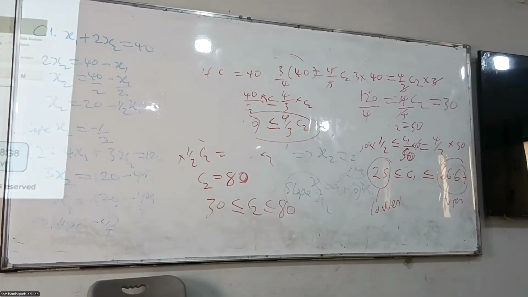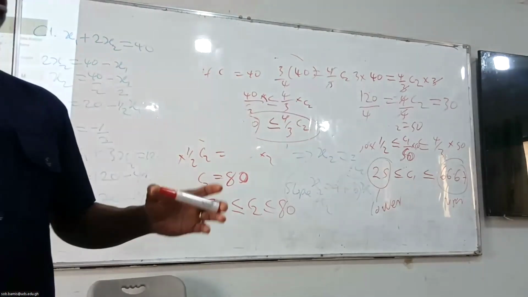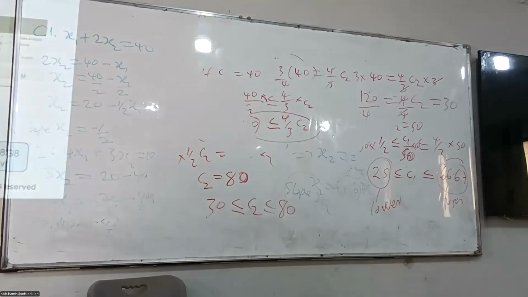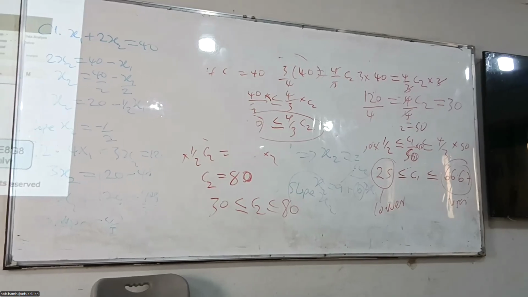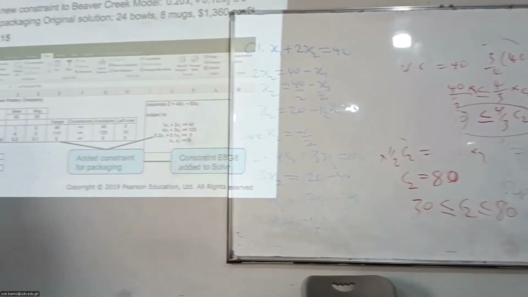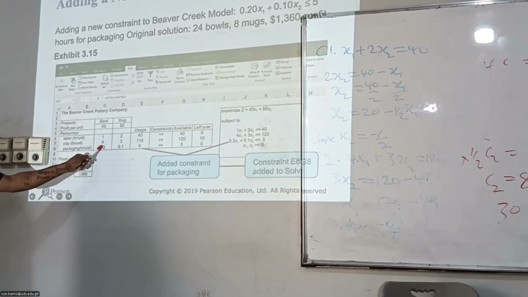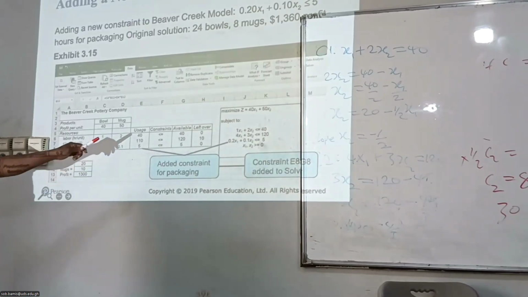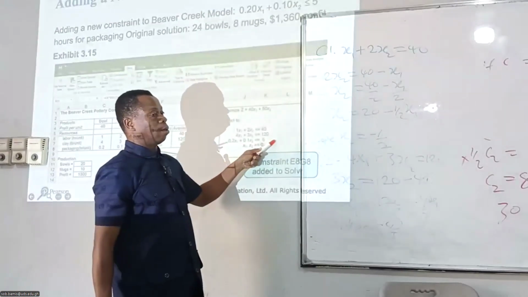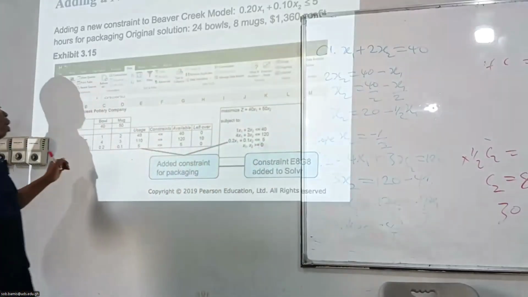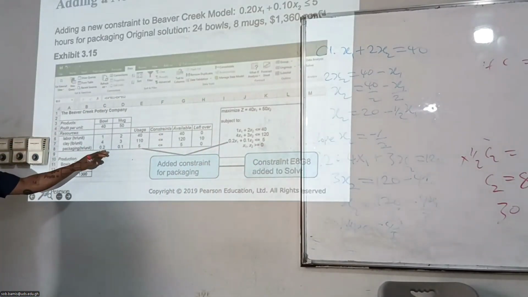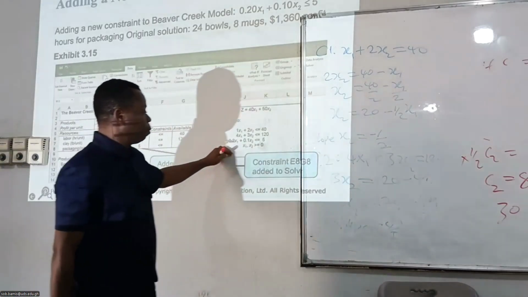The same problem we have been dealing with, but we have added a packaging constraint, which is in hours per unit. And these are the known parameters, so that the equation for that is written here. So that one, the formula system will be the same as we deal with the rest.